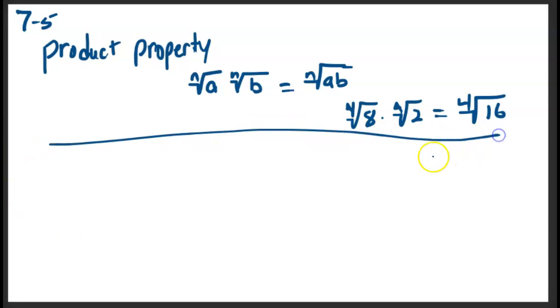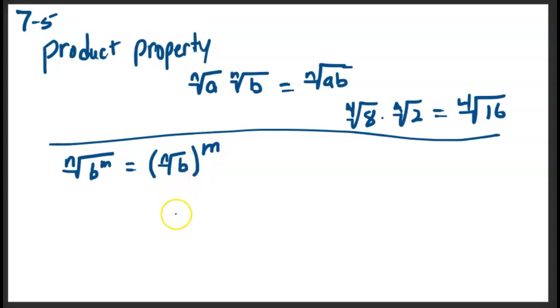Okay, now the next theorem on page 258 or 264, I don't know that it has any name to it, but it tells us this, that if we have the nth root of b to the mth power, we can turn that into the nth root and take that exponent outside parentheses like this.